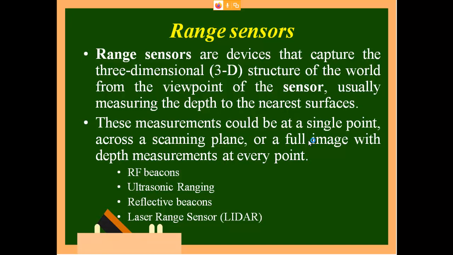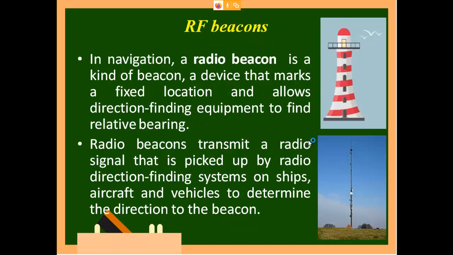So first let us start with RF. Initially this was done with the lighthouse, with light. Now we have radio frequency. In Madras you will have a structure like this. It will send the location in the RF medium, nothing more than that.